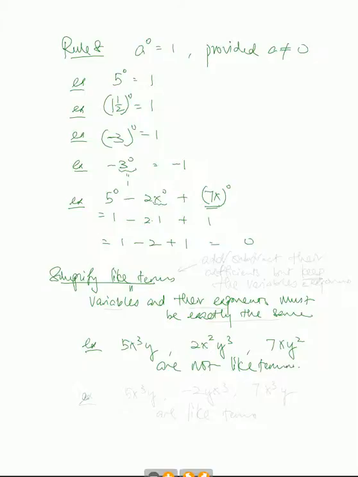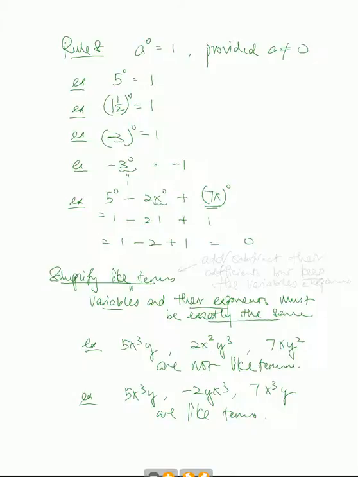So take for example, if you have 5x cubed y, you have negative 2yx cubed, you have 7x cubed y, then these are like terms. Okay, so what determines like terms is not just the variable, but also their exponents. They have to be exactly the same.